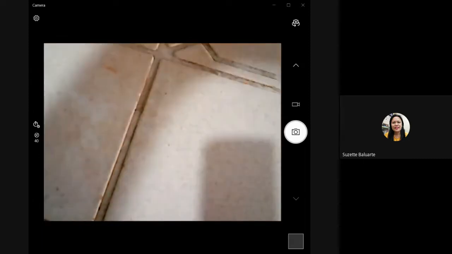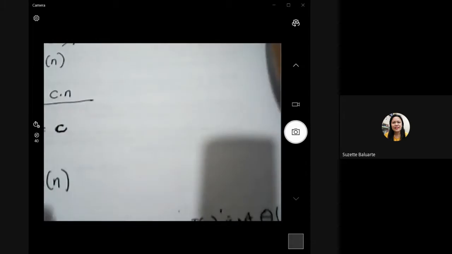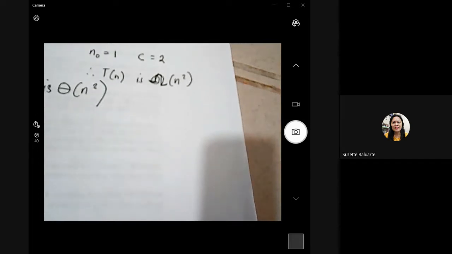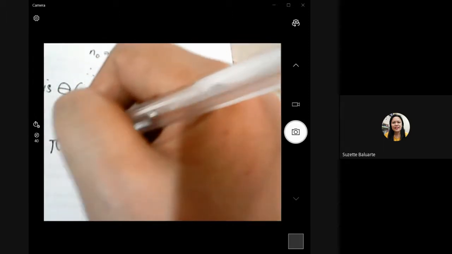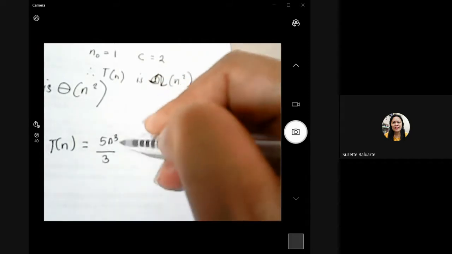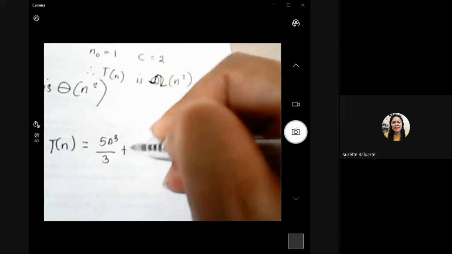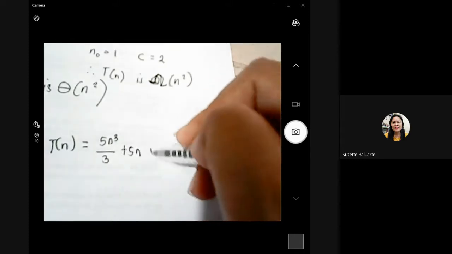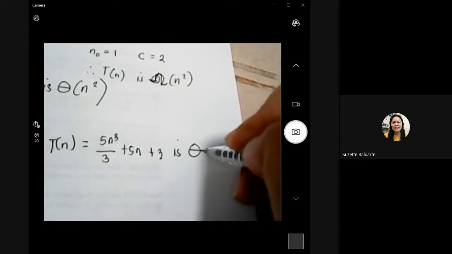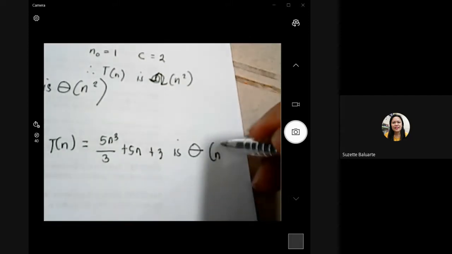Given. Okay. Isulat lang siya ha. Isara ang book. Ipa-pass ninyo until 12:30. No? Example. Your T of n is equals to 5n cubed over 3 plus 5n plus 3 is big theta of n squared.